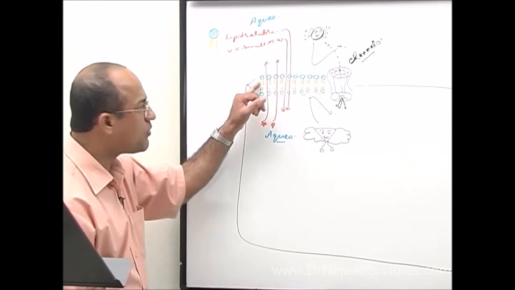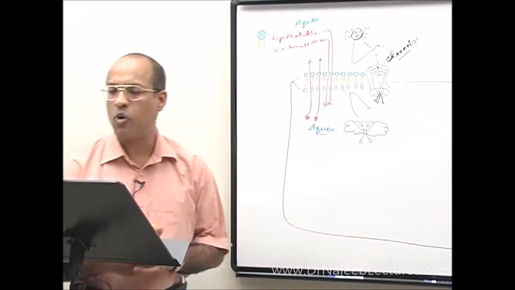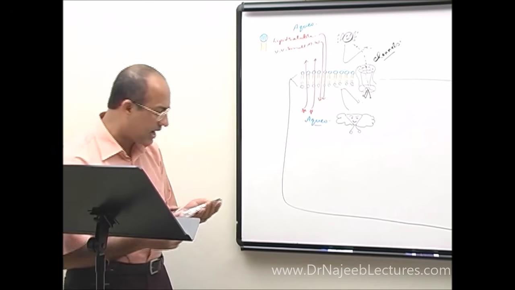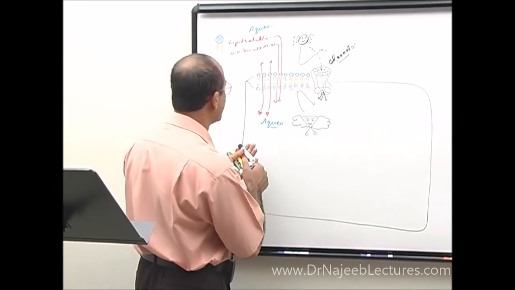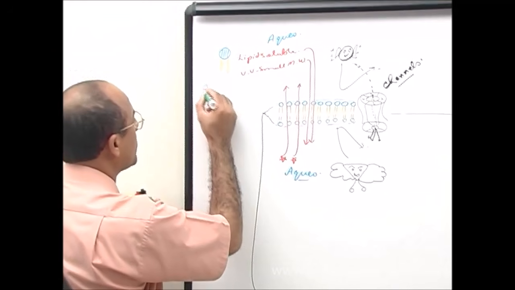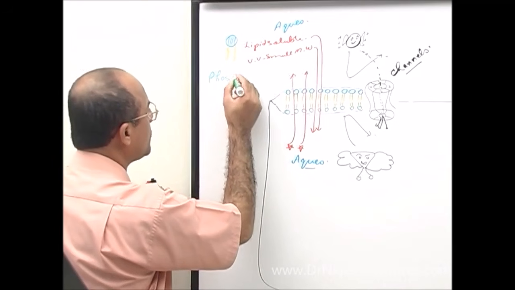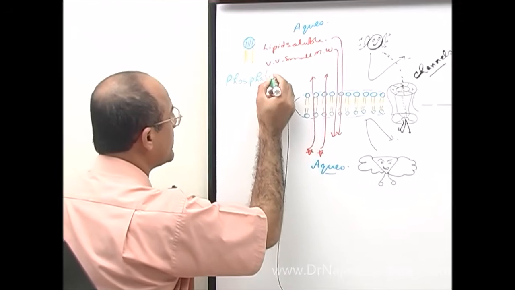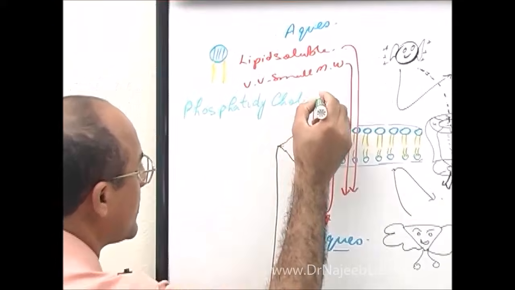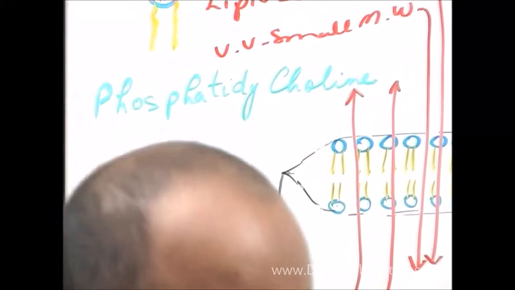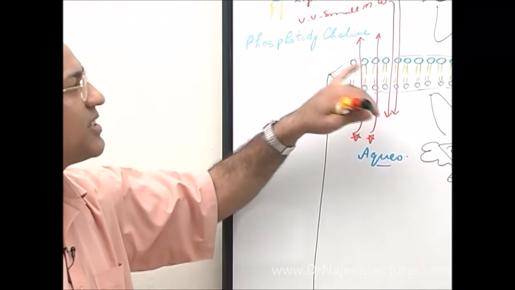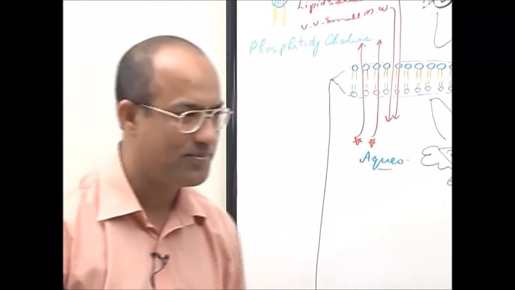Asymmetry. Now, which are the phospholipids which are present in the outer part of the cell membrane? Number one, phosphatidylcholine. Okay, I will write it before you start crying. Phosphatidylcholine. This is a type of phospholipid, right? This is present abundantly in the outer leaflet.